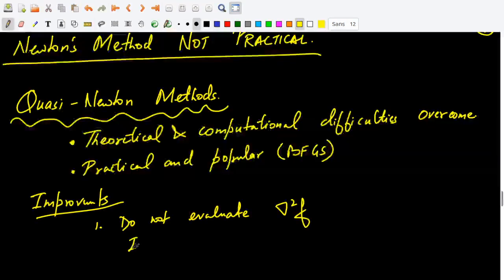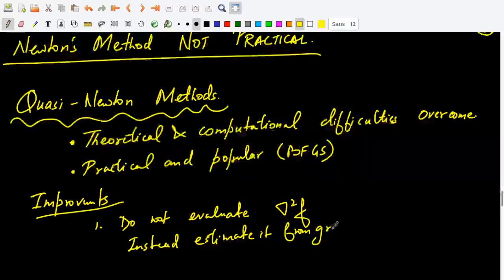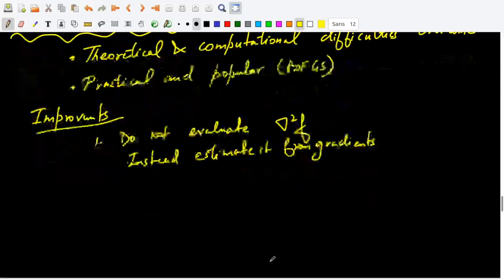Instead, estimate it from gradients, especially the gradients that we used in the previous iterations. So looking at the difference of these gradients, I can get a rough estimate of the Hessian.